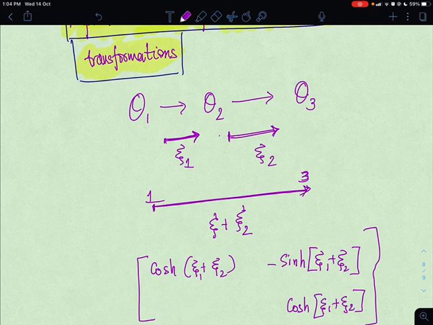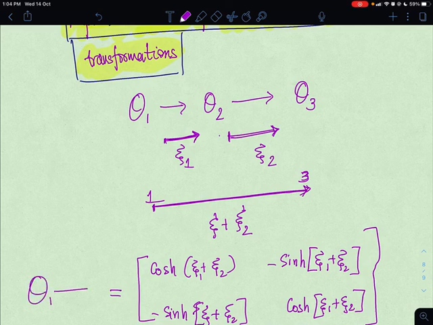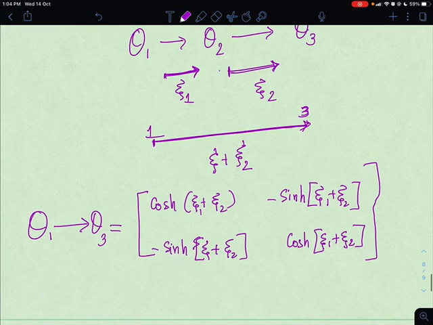I can write it again anyway: sine hyperbolic of psi 1 plus psi 2. This is a Lorentz transformation from O1 to O3. So the rapidities just add up.